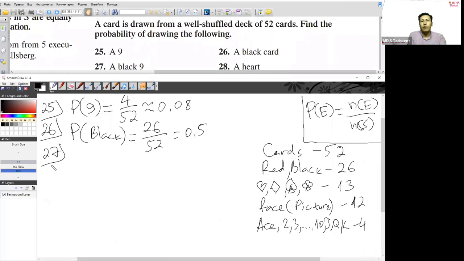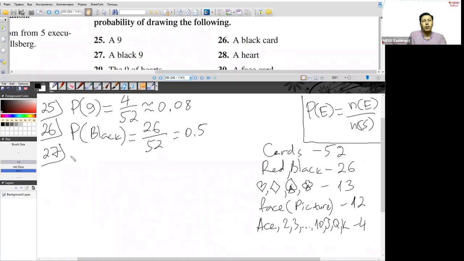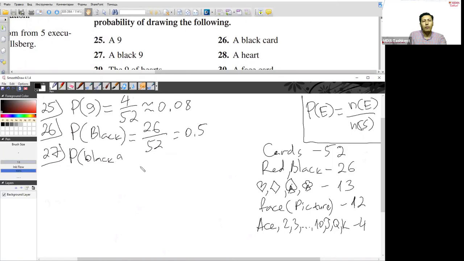Next, 27. A black 9. Probability of getting a black 9. Here we have four 9s, but two of them are red and two of them are black. So black 9 means we have 2 black 9s. Therefore, it is 2 out of 52.